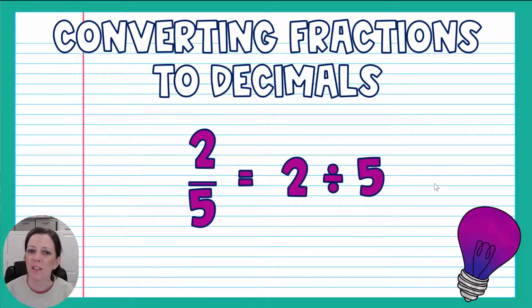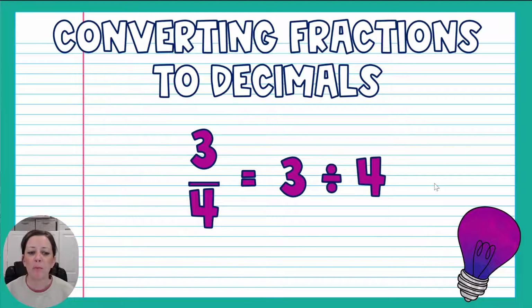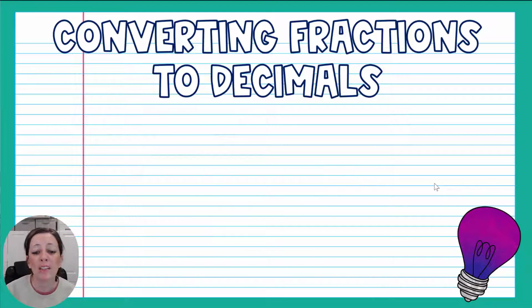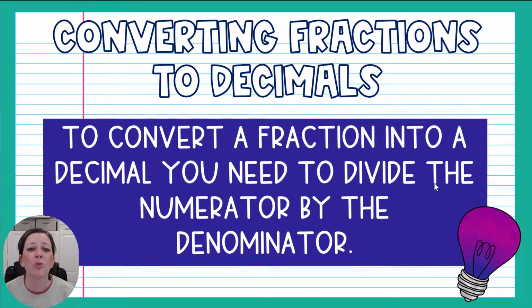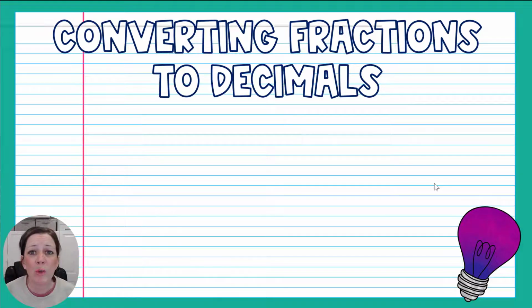Just like when we have 3/4, we're saying 3 out of 4 or 3 divided by 4. So in order to convert a fraction to a decimal, you need to take that numerator, the number on top, and divide by the denominator, or the number on bottom. So we're just going to jump right in and practice that today.